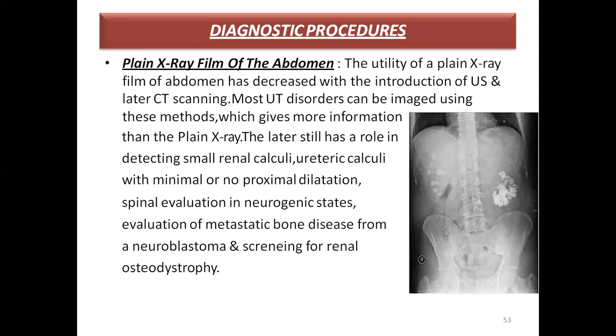Also, to evaluate metastatic bone disease from neuroblastoma and screening for renal osteodystrophy, and any effect of a tumor of the kidney on the nearby bony structures can be evaluated.